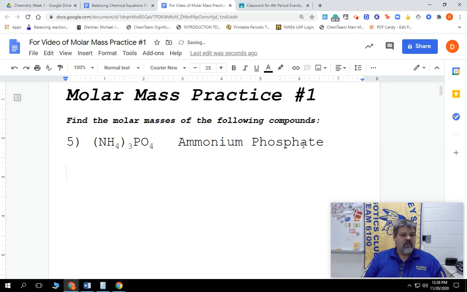Okay. From this point, we are going to write down all the elements. We have to get the weight of each individual element, and then multiply it by the number of times that element appears. So we're going to write down the element and how many of that we have, then multiply by its weight, add all those weights up, and we'll get the molar mass.